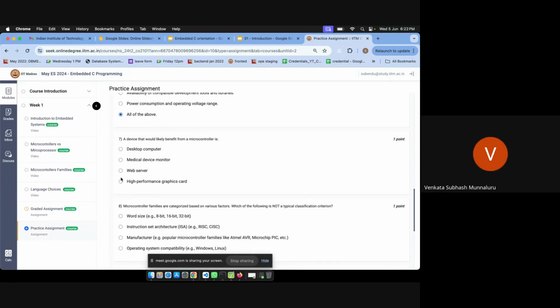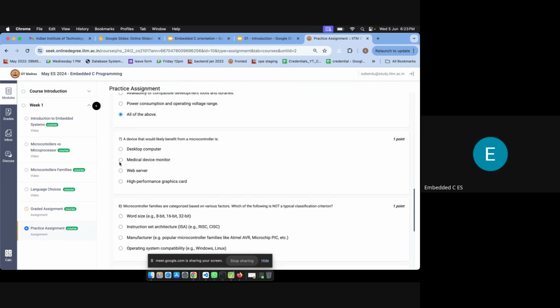No, sir. Okay. And question number 7: a device that would likely benefit from a microcontroller is... So you have to tell which device will benefit from a microcontroller. A desktop computer is already a computer, right?